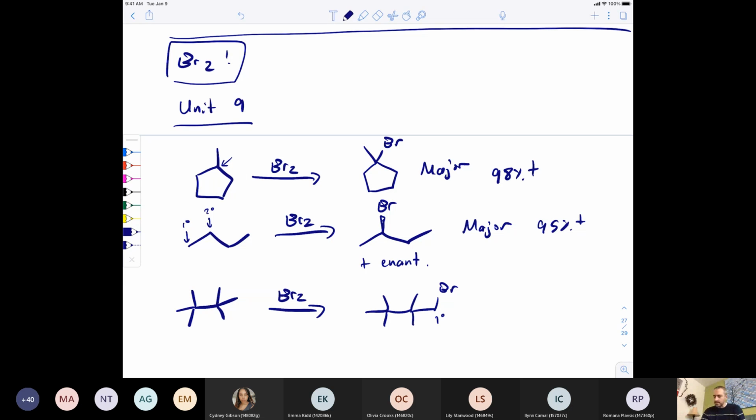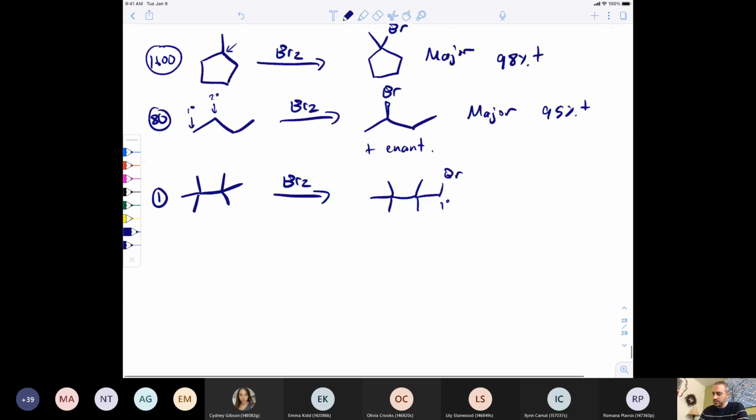And the actual relative rate for attacking a primary carbon is 1. For attacking a secondary carbon is 80. So it's 80 times faster to go for a secondary, and it's 1,600 times faster to go for a tertiary. So that's where these major products come from. It'll still do secondary, it'll still do primary. It just becomes slower and slower.